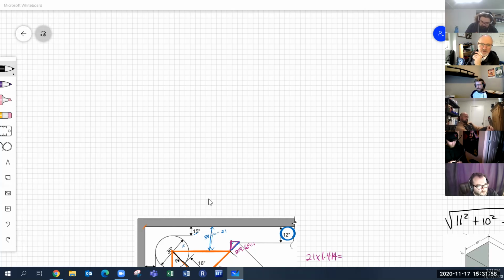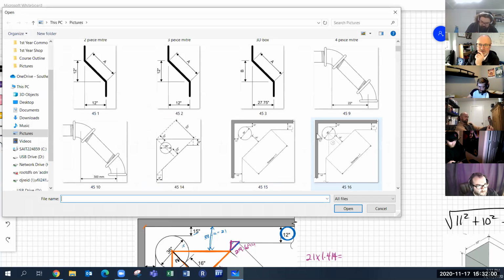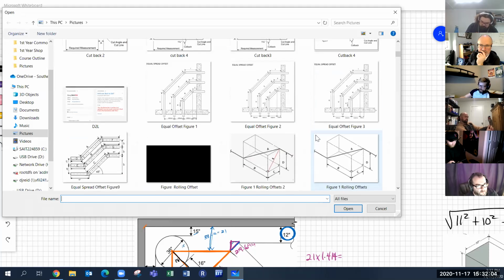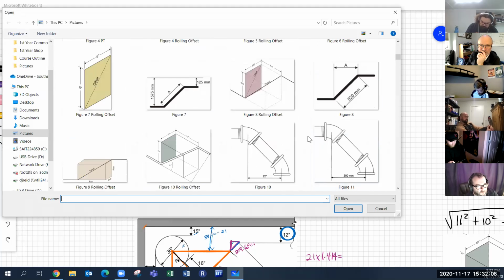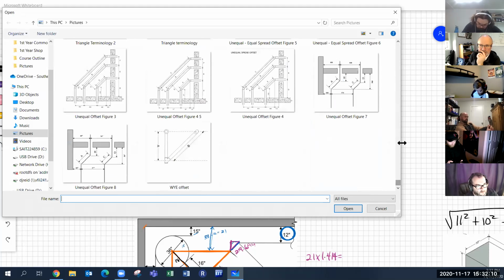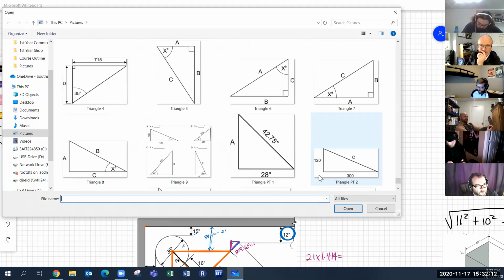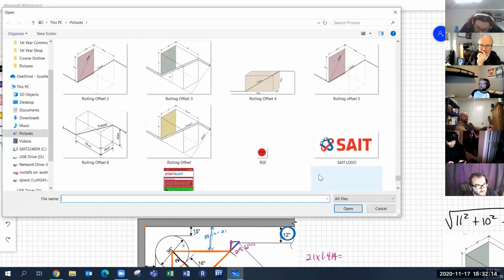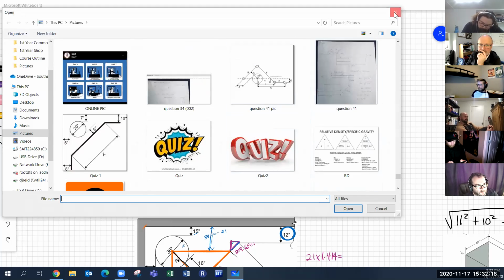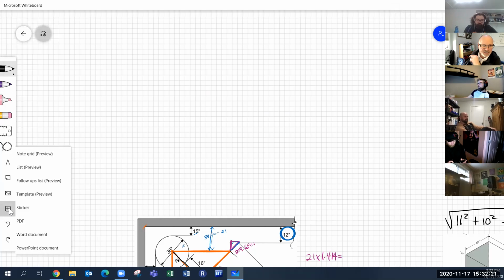I will get an image here if I find one somewhere. Clearly don't have one handy. Hang on, I do, but I just gotta mine it out here.